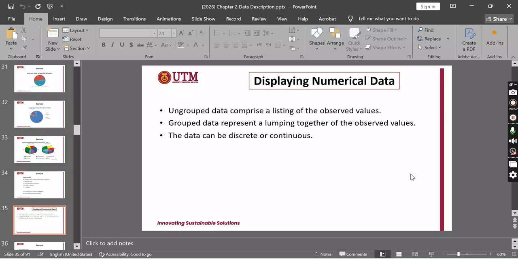Continuous and discrete: any numbers or variables that take integer values will be discrete. Like what? Like if I'm asking you how many brothers you have.